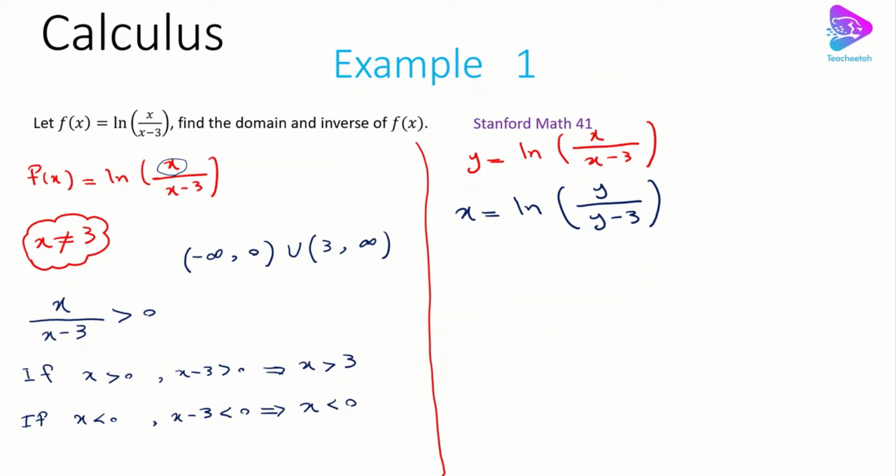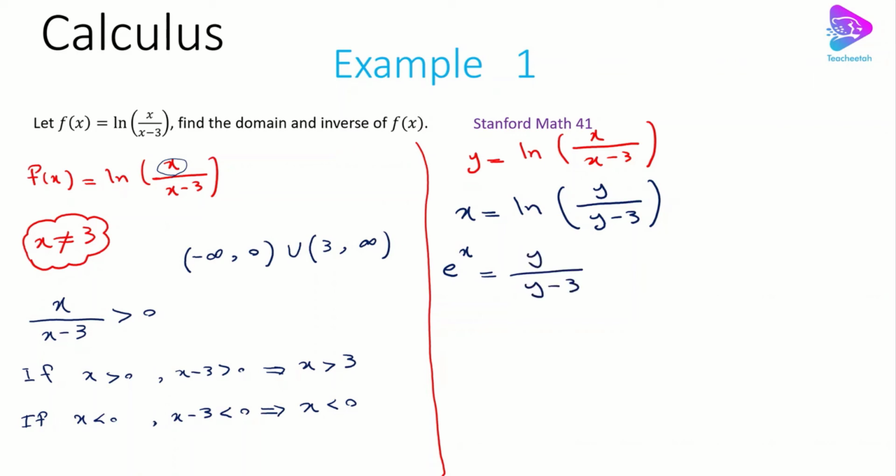What we can do is use both sides as the power of number e. So we have e to the power of x on this side, and e to the power of ln of y over y minus 3 on the other side, which gives e to the power of x equals y over y minus 3.